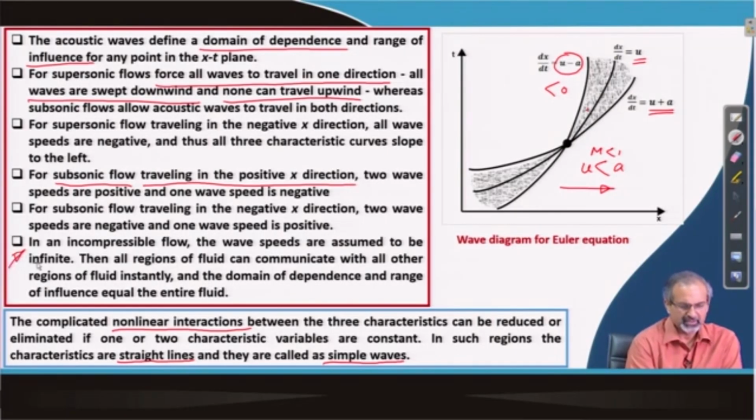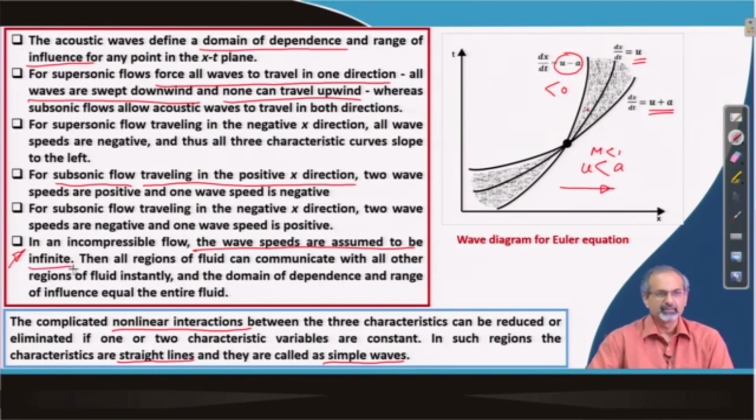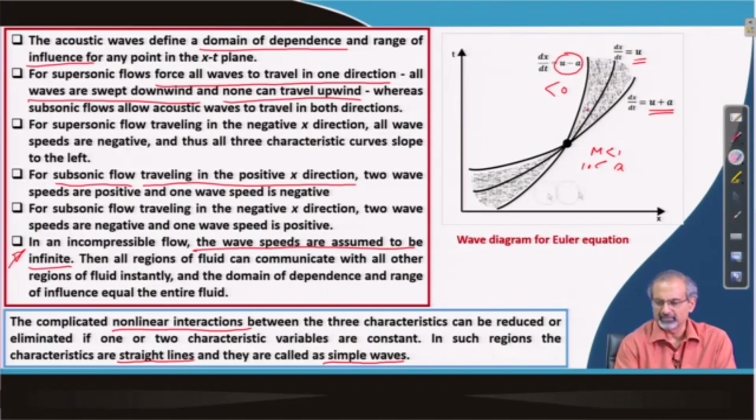What we have mentioned over here in the last bullet point, the wave speeds are assumed to be infinite, and then all regions of the fluid can communicate with all other regions of the fluid instantly, and the domain of dependence and range of influence equal the entire fluid. So, there are no regions specifically defined which will just be able to communicate or not communicate. Every part of the domain will communicate with every other part. So, that is how incompressible flows will behave.